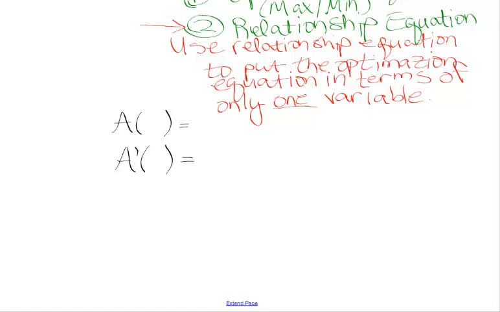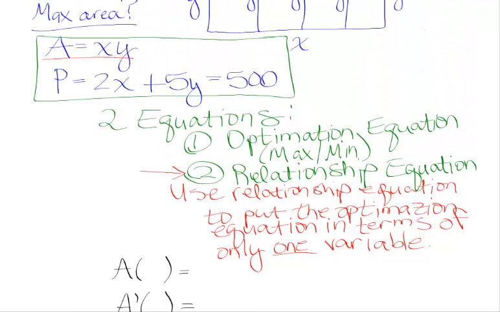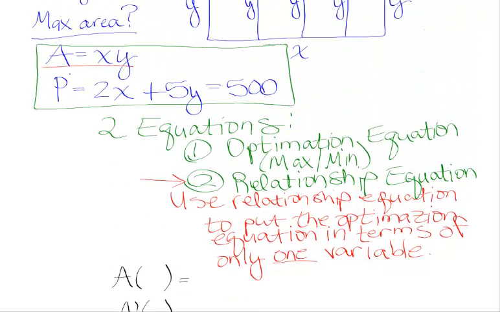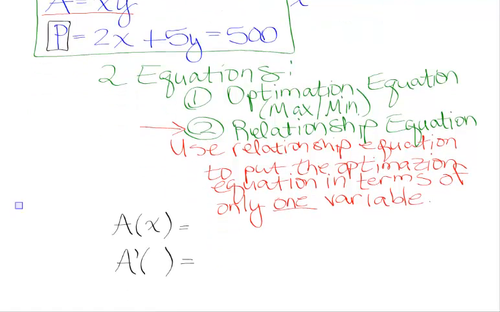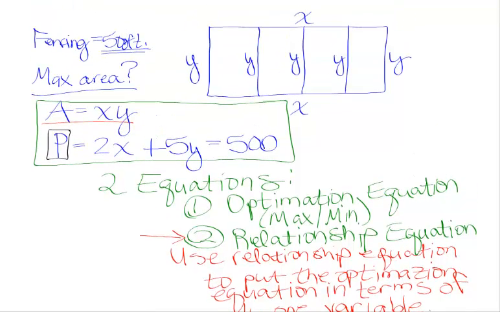I'm not differentiating with respect to time. So I want to use the relationship equation to put y in terms of x. I like taking derivatives with respect to x. So I want to be able to put this factor in terms of x.